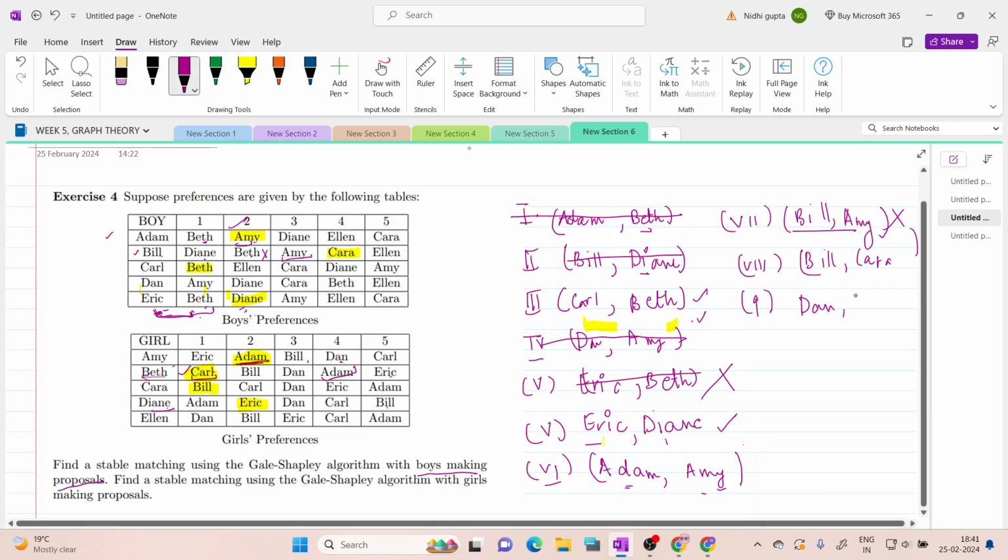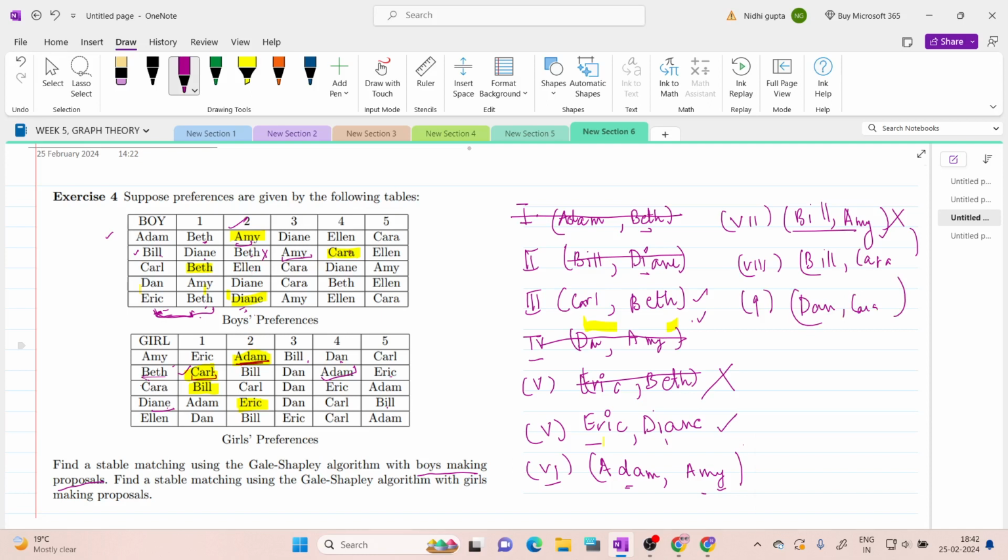So Kara is already engaged to Bill. And since Kara prefers Bill over Dan, we won't change this pairing. So Dan and Kara cannot be engaged. And if we look at Dan and Beth now, Beth is also already engaged and she is getting her first preference. So she doesn't prefer Dan over Carl.